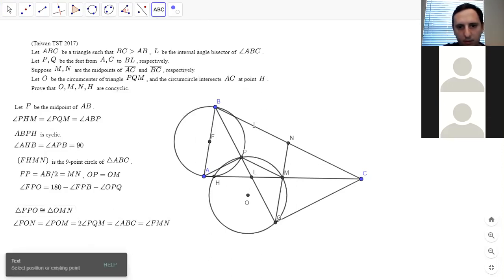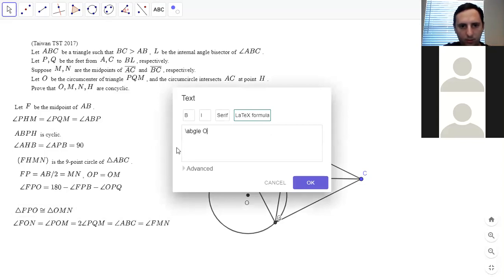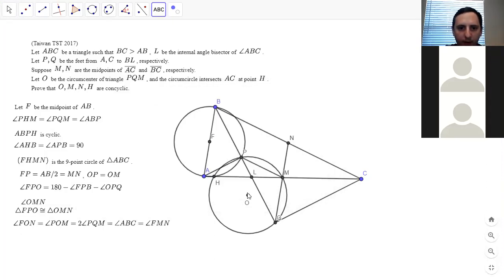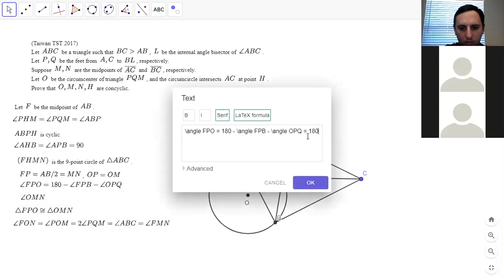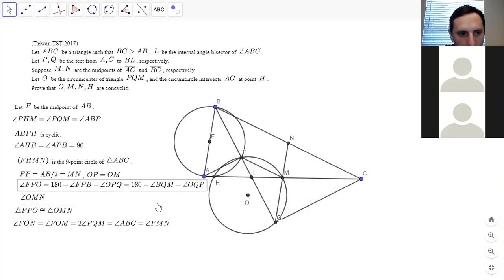So OMN is 180 minus OMQ, which is FBP, and that is PQM minus angle OQB, and that is angle OQM.